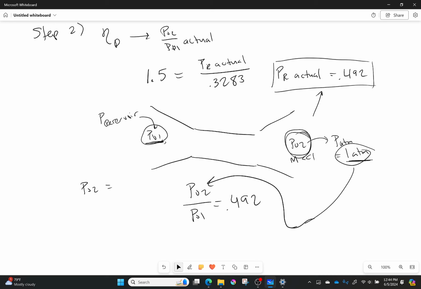P02 is 1. There we go. So 1 over P01 is equal to 0.492. And so my initial reservoir pressure would have to be equal to right around 2 atmospheres, but it's 2.03 atmospheres, just assuming that atmospheric pressure is 1 atmosphere.